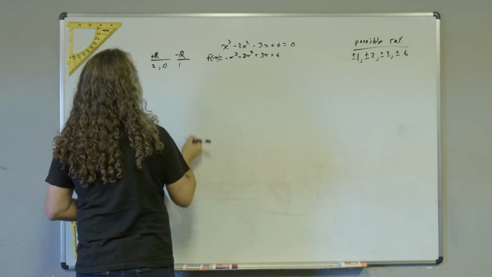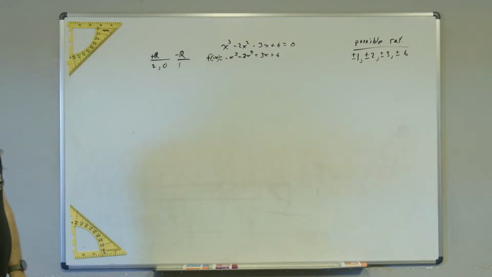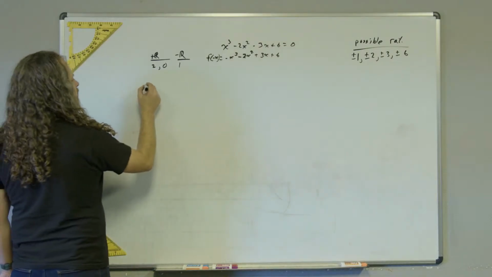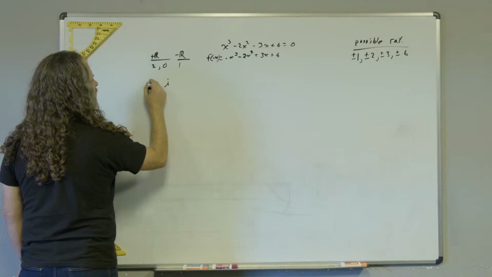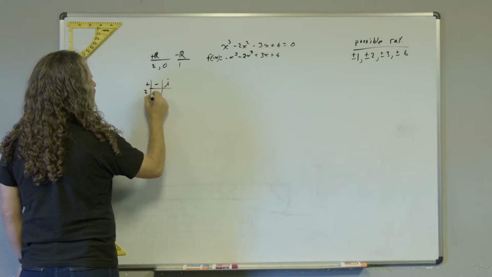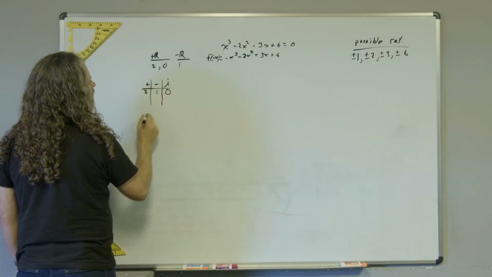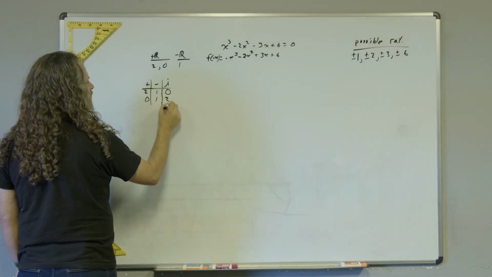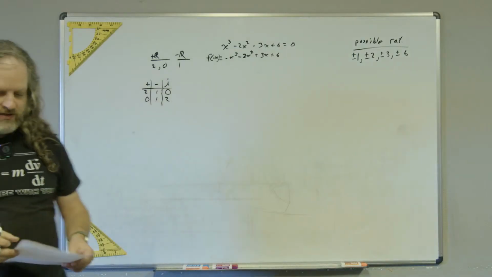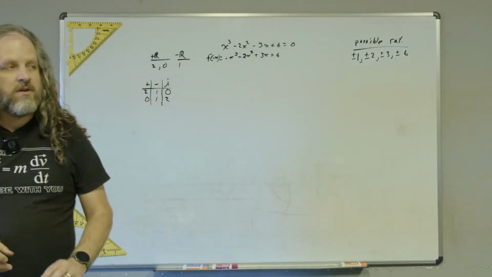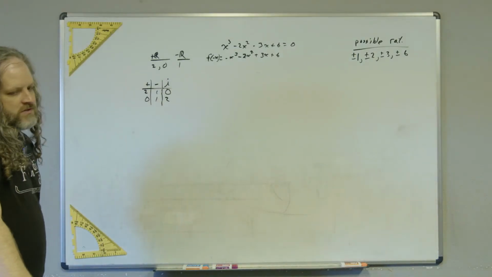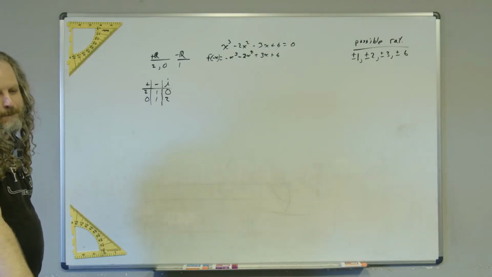So there's 1 negative root. If there's 2 positive and 1 negative, then there are no complex. If there is 0 and there's 1, then there's 2 complex. Sounds great. So what now?